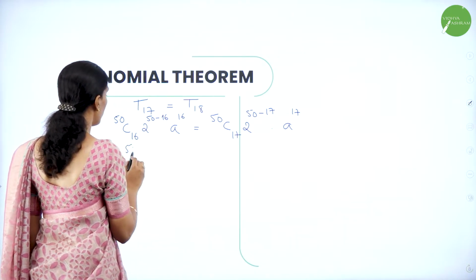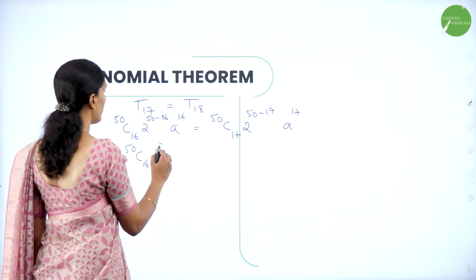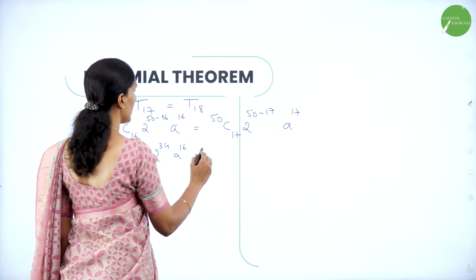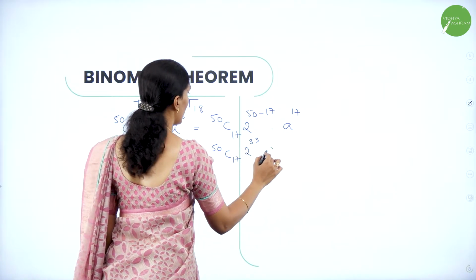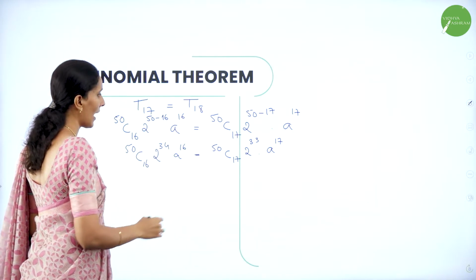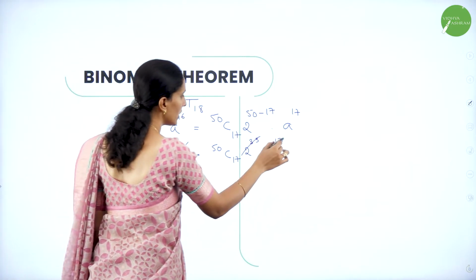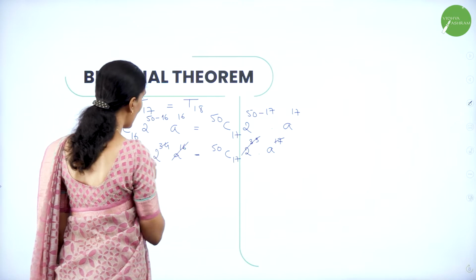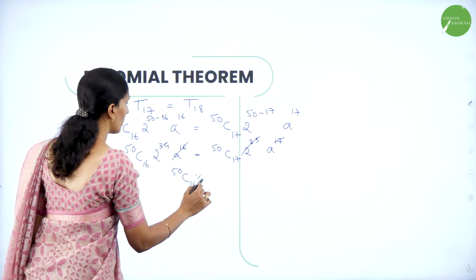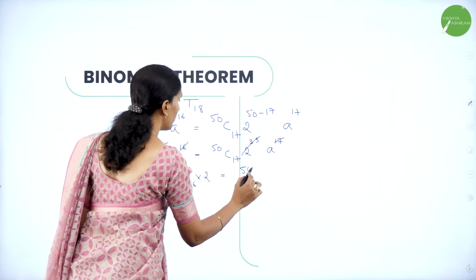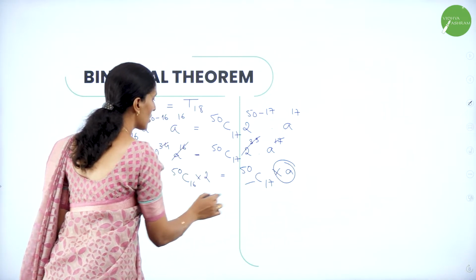So here 50C16, 2 power 50 minus 16, so this is 2 power 34, a power 16, is equal to 50C17, 2 power 33, a power 17. So you can cancel here 2 power 33 cancel, a power 16 cancels. So this side we are left with 50C16 into 2. This side we are left with 50C17 into a. What I need is a. So just replace this.